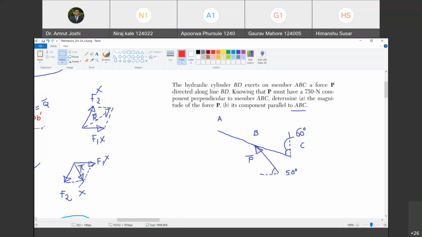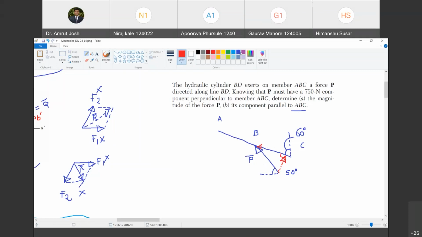So how do I resolve it? How do I draw this pictorially? What I'm going to do is drop a perpendicular on ABC from here. Happy? So this component of the force, and this component, their addition will be P. Do you agree with me?